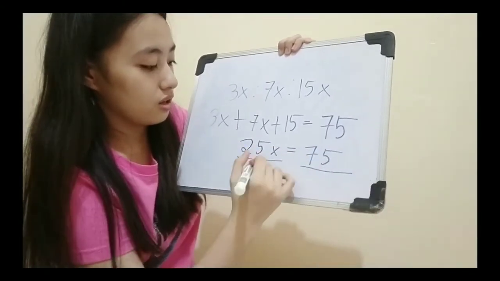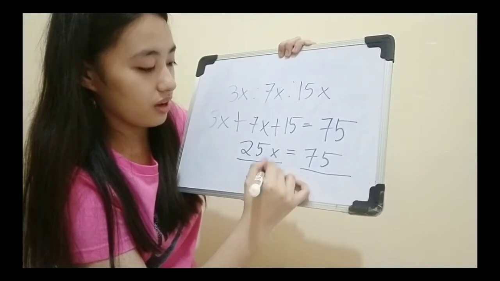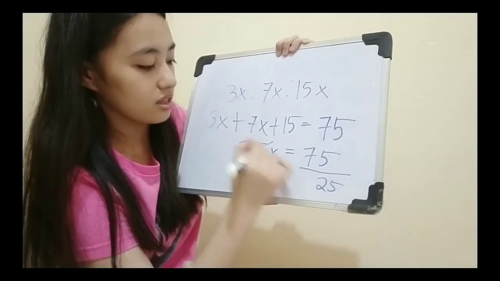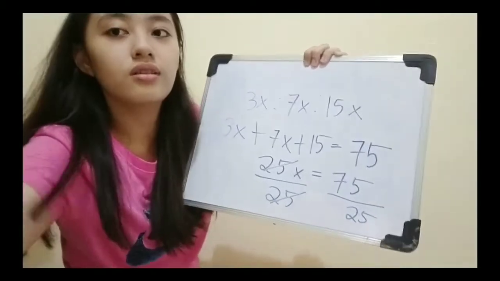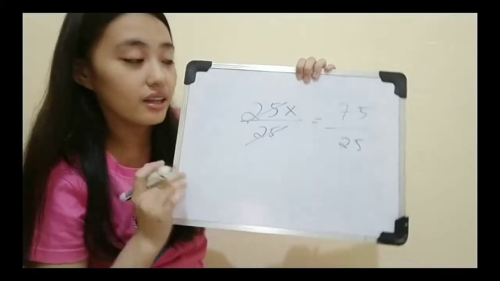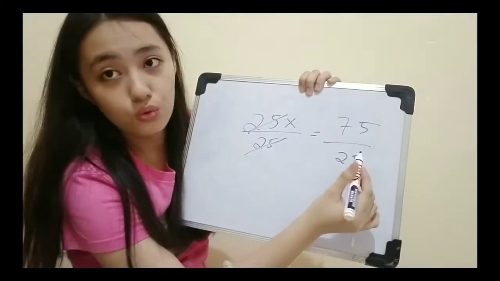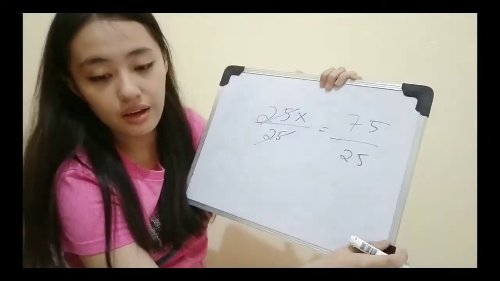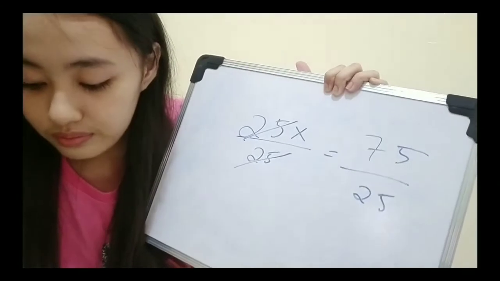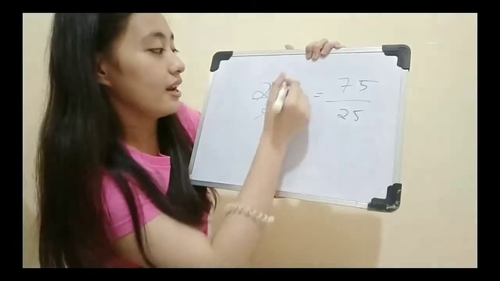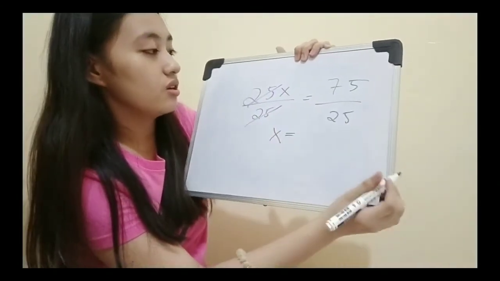Then, if we divide 75 by 25, with the use of the calculator, x would be equal to 3.